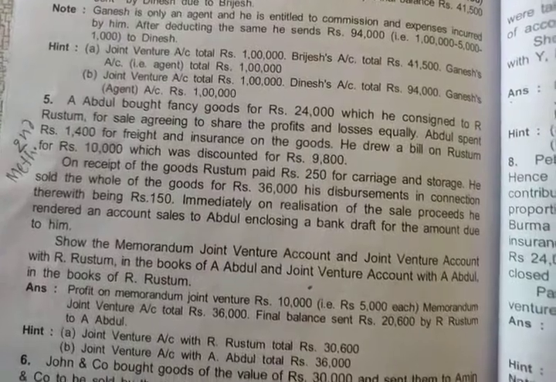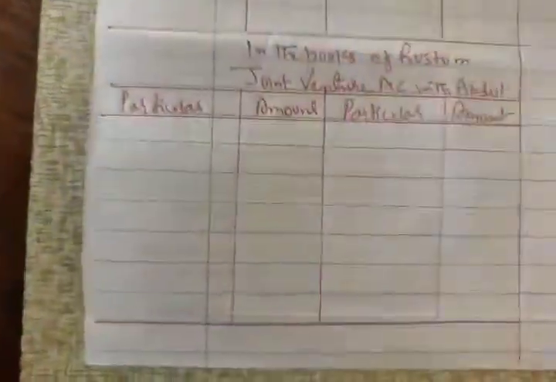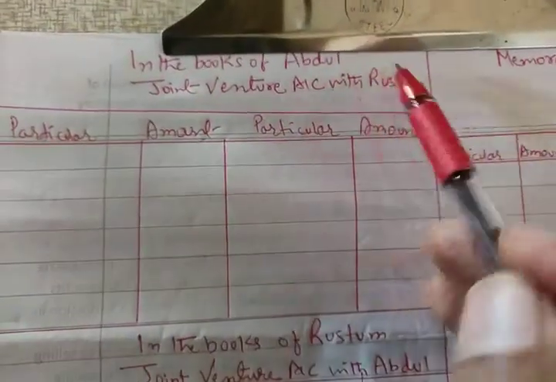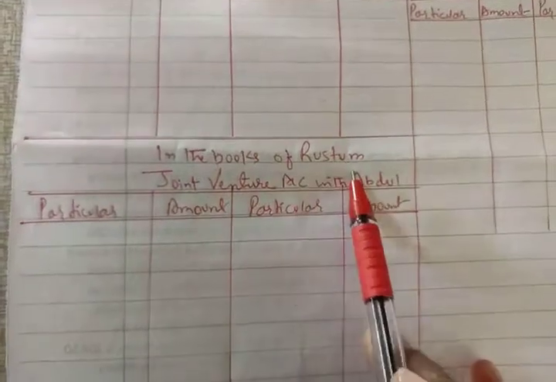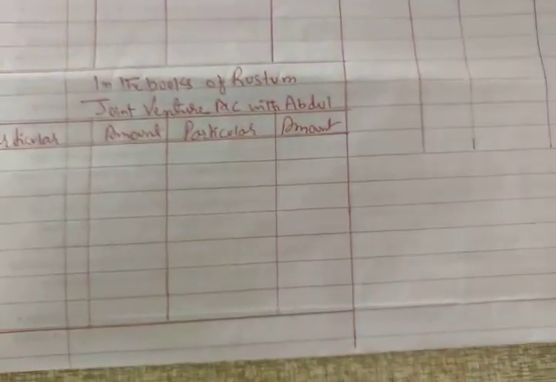So let's start. My accounts are already ready: in the books of Abdul, joint venture account with Rustam; in the books of Rustam, joint venture account with Abdul; and then memorandum joint venture account. So let's start doing the postings.